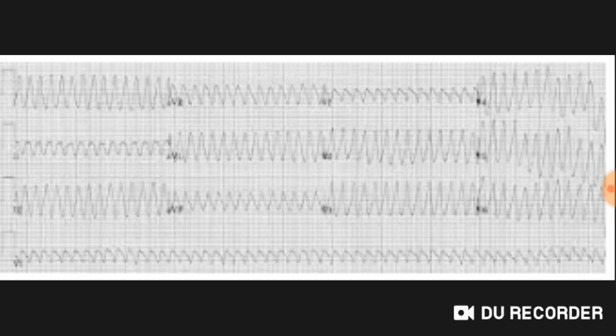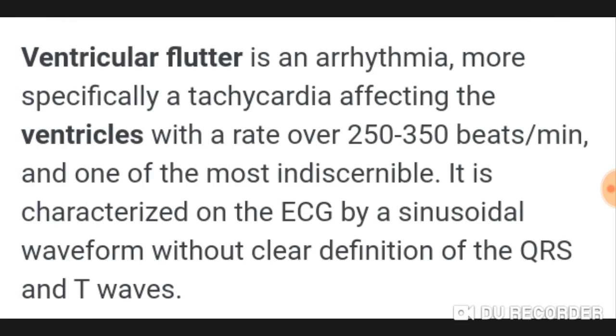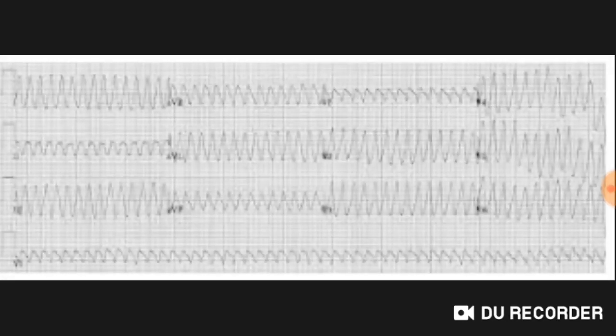This is ventricular flutter. Ventricular flutter is an arrhythmia more specifically affecting the ventricles with a rate of 250 to 350 beats per minute. It is characterized on ECG by a sinusoidal waveform without clear definition of QRS and T wave. See, ventricular flutter looks like this.